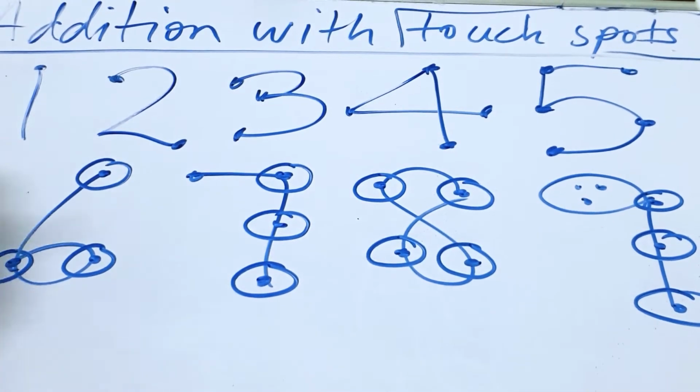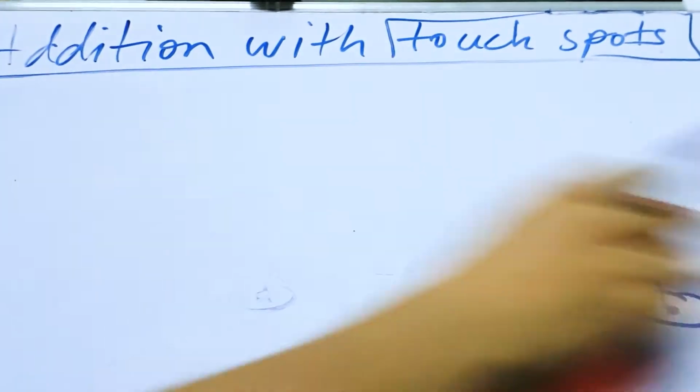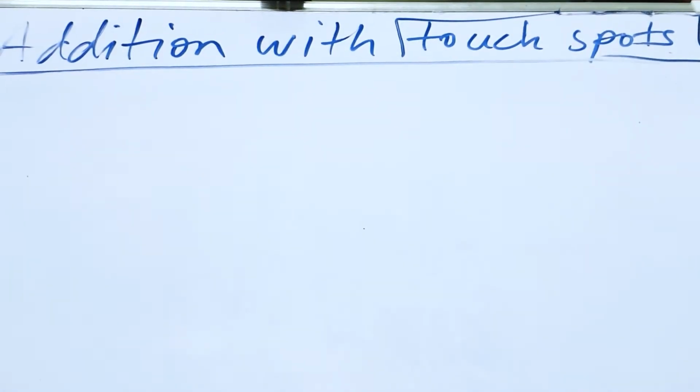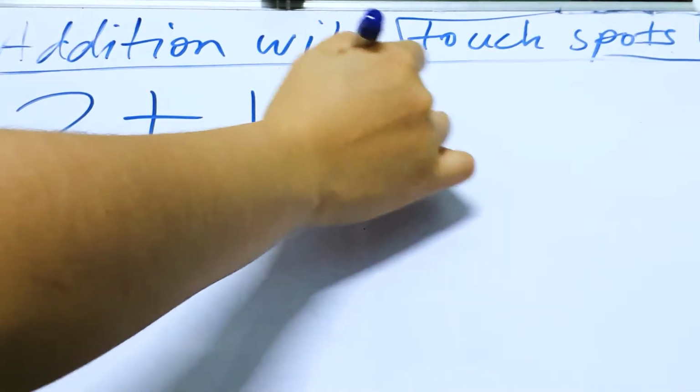Now, we are going to have a sample of it. Let's start with 2 plus 1. Very simple, right? Touchspots are always on the smaller number.